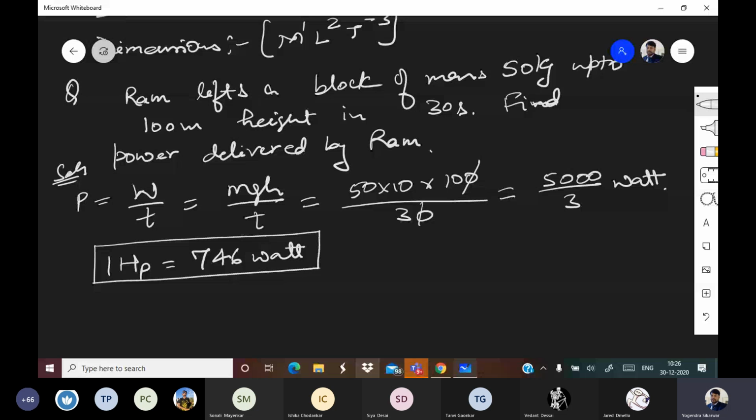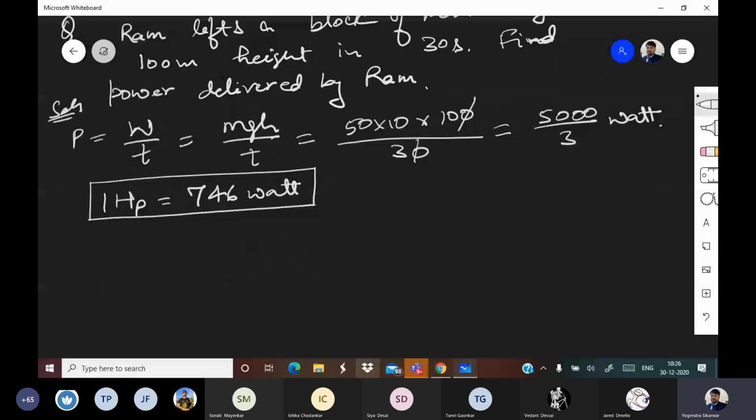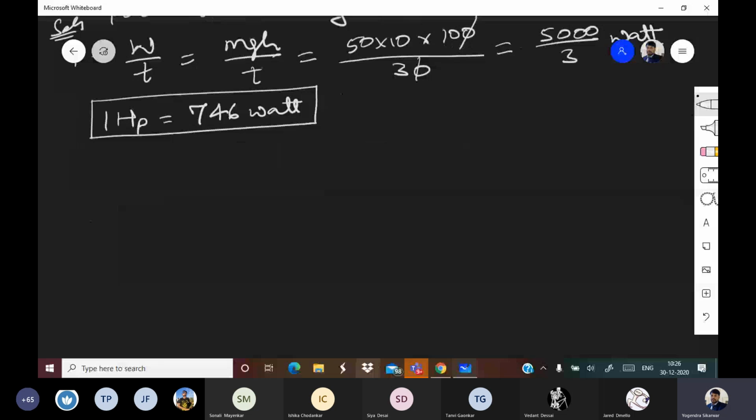All right. Let us move further. Now, this power can be defined or calculated, because for us what is important is calculation, in two ways. Number one is average power.